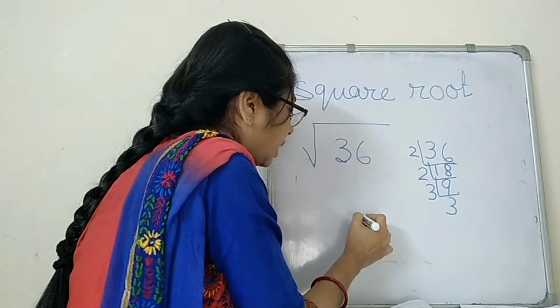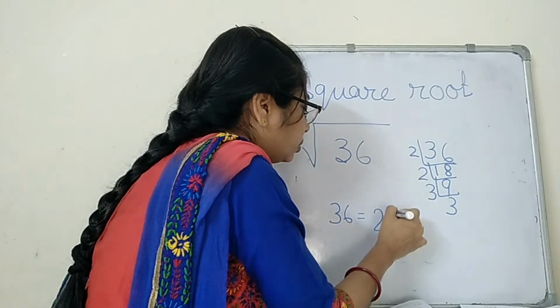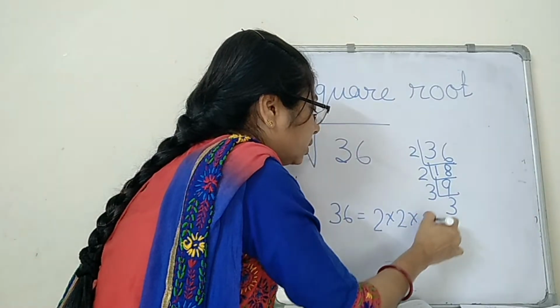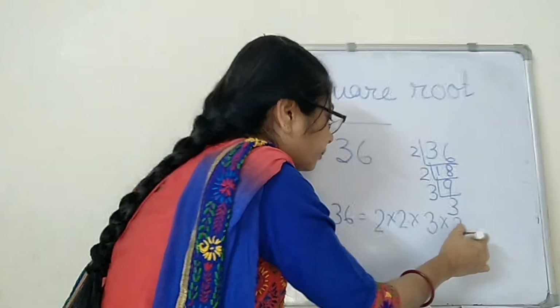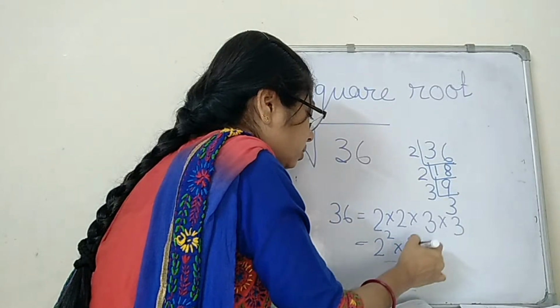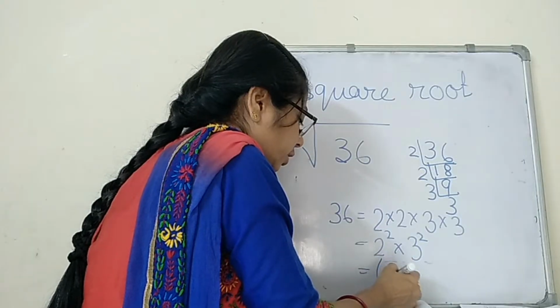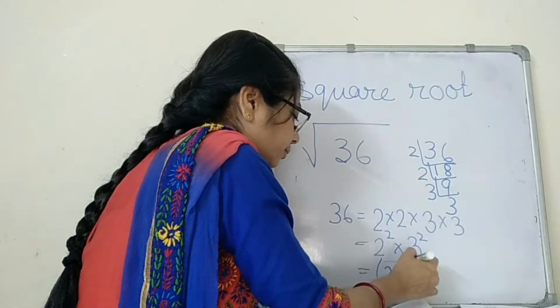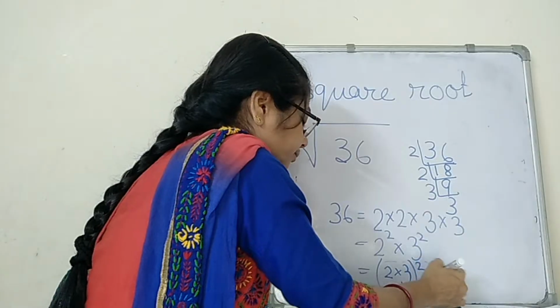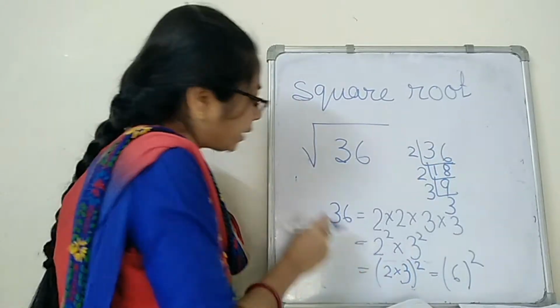Okay? Now we can write in this way. 36 is equal to 2 into 2, 3 into 3. Means 2 square into 3 square. Means 2 into 3 whole square. Means 6 whole square. So what is the square root of 36?